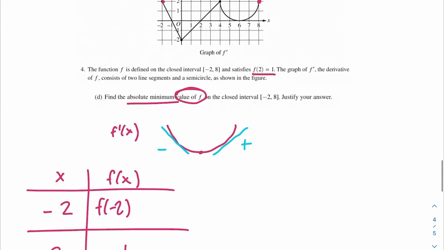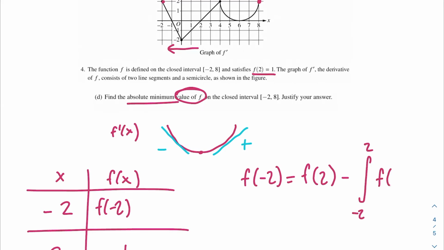So we can set this up like f of -2 is equal to f of 2, and we have to go backwards to figure out f of -2. So what we're going to do is subtract the area under the curve from -2 to 2 of f prime of x dx.